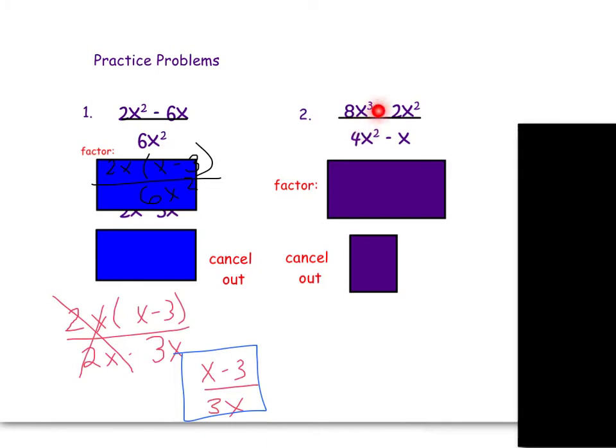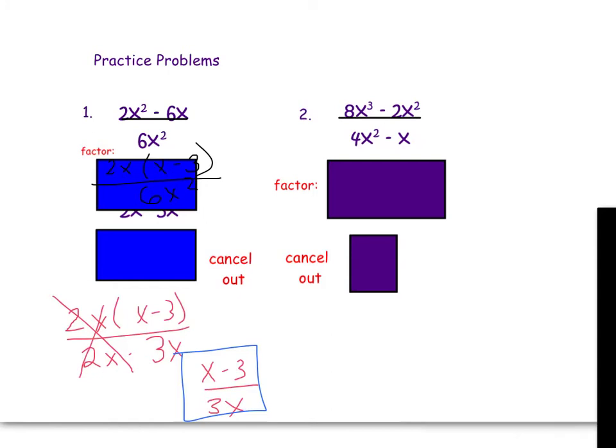X times x to the third minus 2x to the second, all over 4x squared minus x. First step, factoring. 8x to the third minus 2x squared. What can I take out of that?